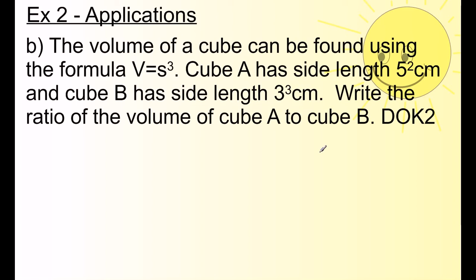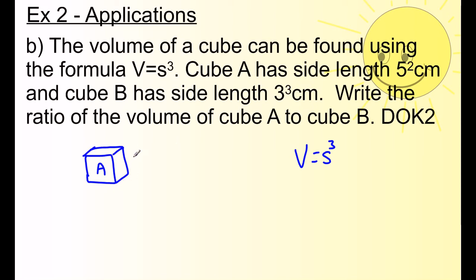Next says, the volume of a cube can be found using the formula v equals s cubed. This sounds very similar to the last problem. Okay, so let's see. We got ourselves a cube. Boom. Okay, and volume formula s cubed. All right, cube A has side lengths of 5 squared centimeters.